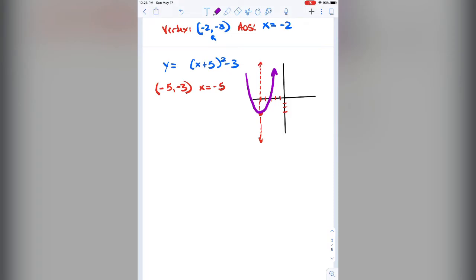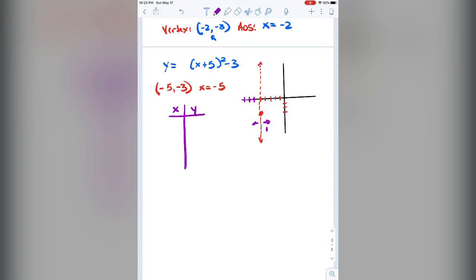But I probably want a few more accurate points than just assuming. And so again, there are several different ways to do this. What we're going to look at is a table. We don't have to do a ton of points, but since we know it's symmetrical on both sides, we probably want to see what it would look like if I moved out in each direction one space.